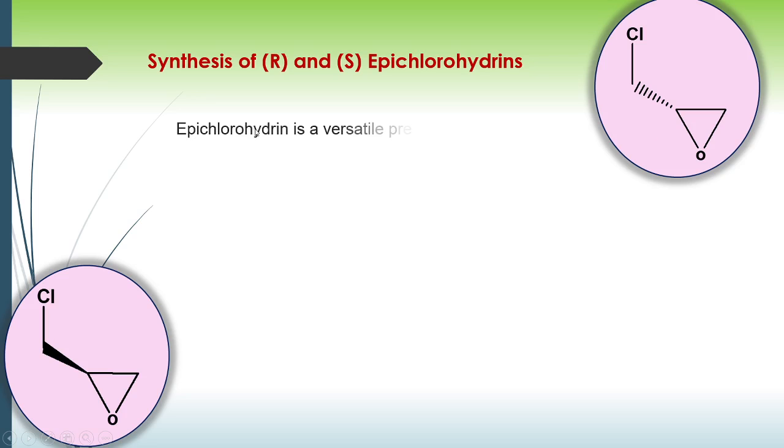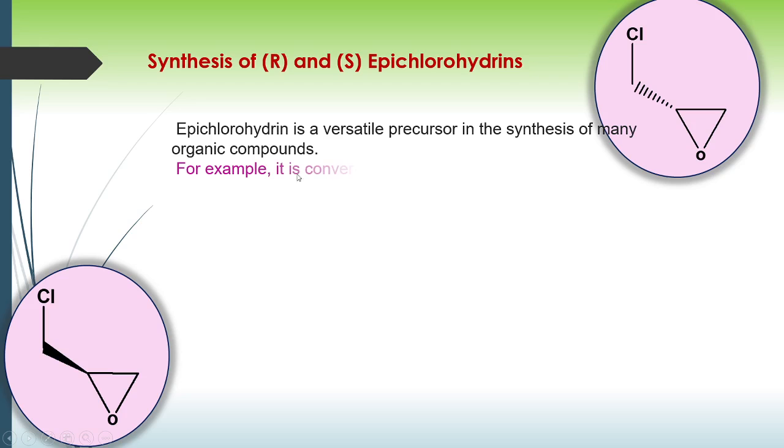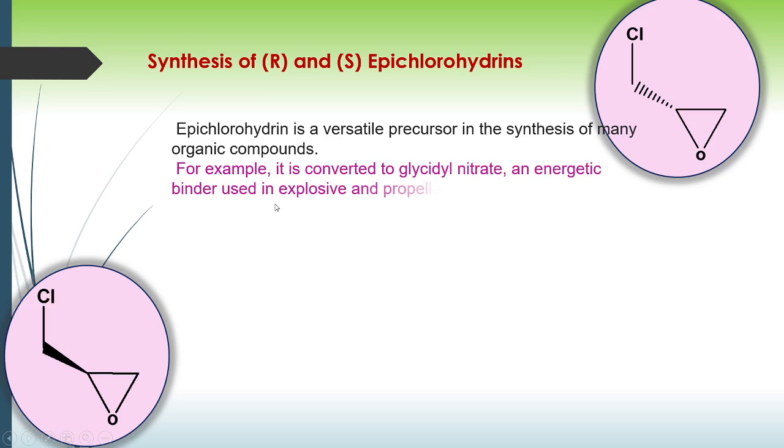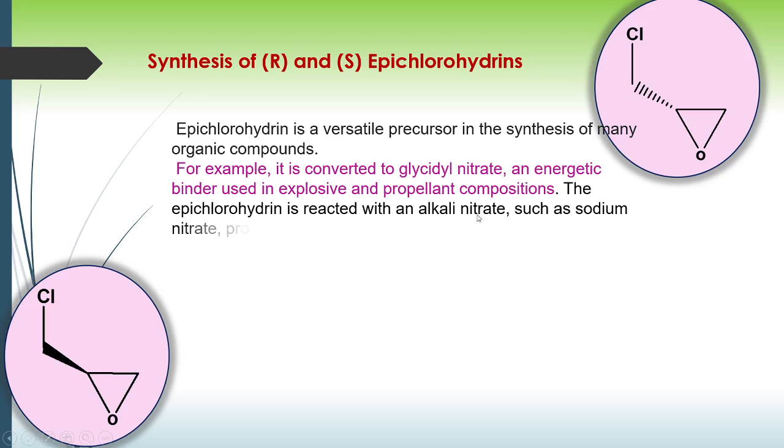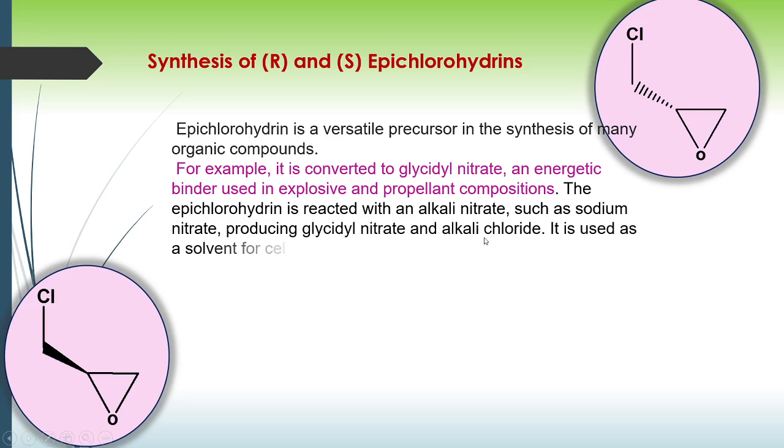Epichlorohydrin is a versatile precursor in the synthesis of many organic compounds. For example, it is converted to glycidyl nitrate, an energetic binder used in explosive and propellant compositions. Epichlorohydrin is reacted with an alkali nitrate such as sodium nitrate, producing glycidyl nitrate and the alkali chloride.